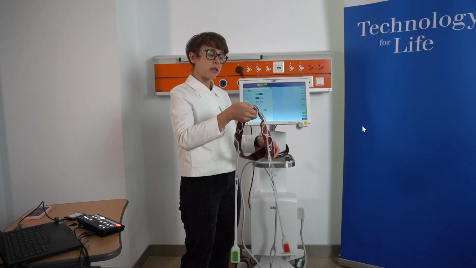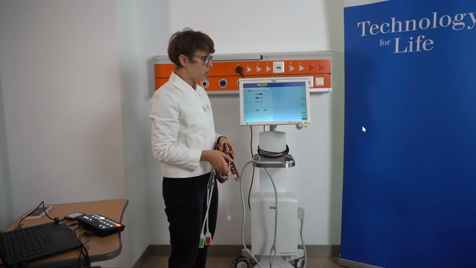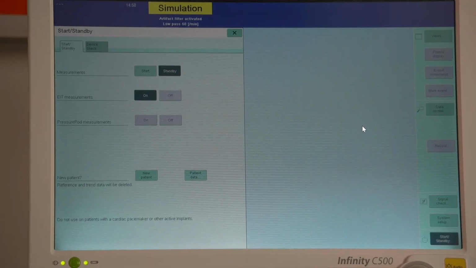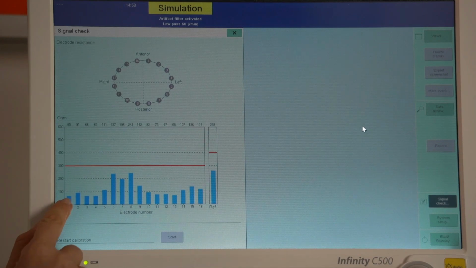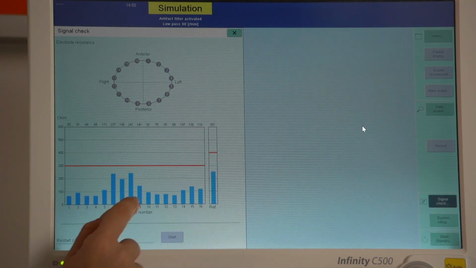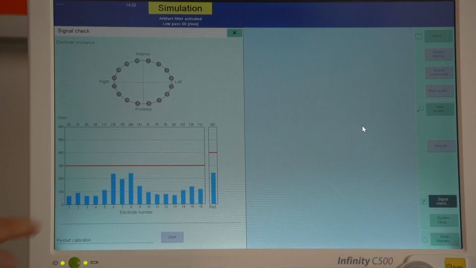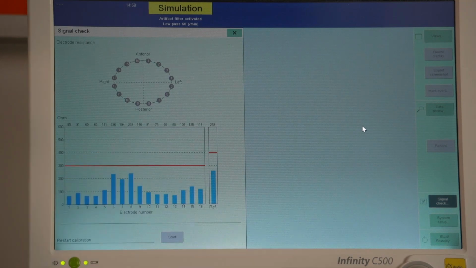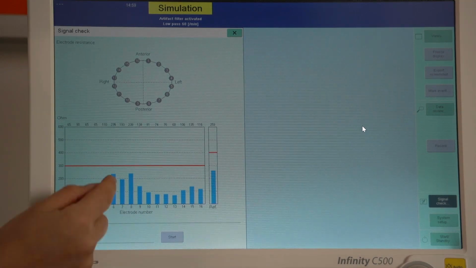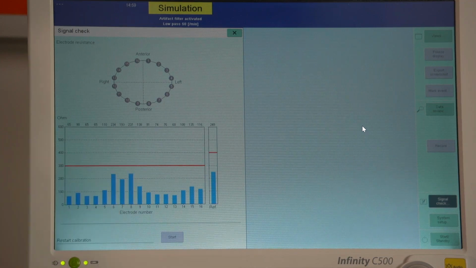Once the belt is positioned, I'm going to demonstrate this to you, we need to do the signal check. Once you position the belt, each electrode will send its signal to the device. If all of them are below the red lines, that means we have good connectivity. If any of the electrodes are shooting above the red lines, that means the connection is not really good.